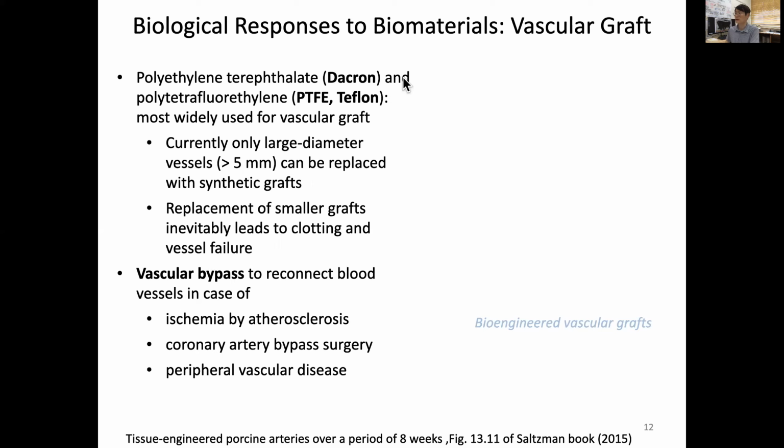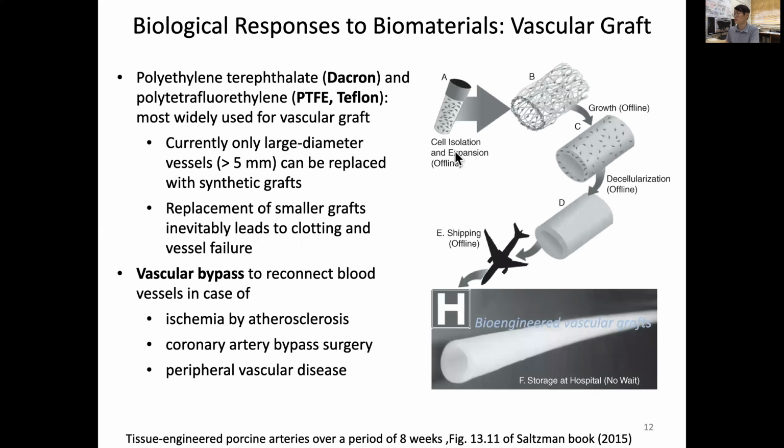How this happens for vascular grafts is shown here. Cells are isolated and expanded, then put into a scaffold shaped like a vascular vessel. The cells grow here and then secrete extracellular matrix.